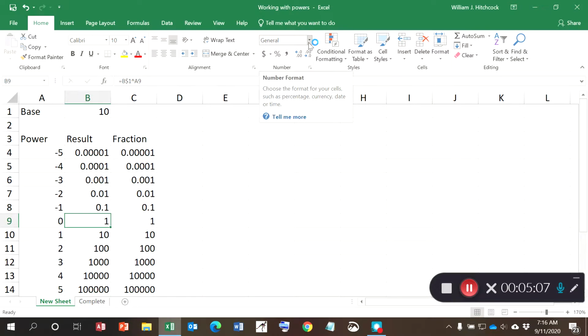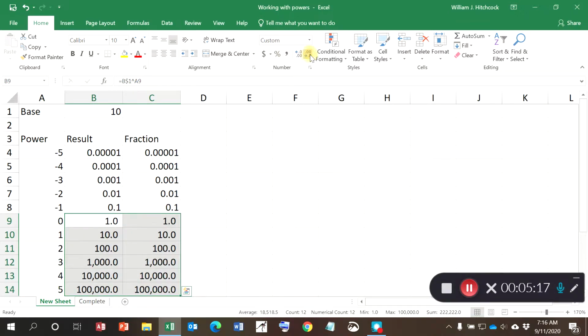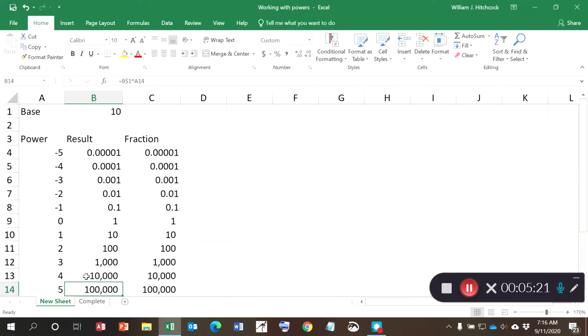In other words, there's no formatting on these numbers. Down at the bottom, I want to format these numbers with a comma format, get rid of the decimal points, just to make it a little bit easier to see when we have large numbers. You can see where we've got a comma separating those thousands units.